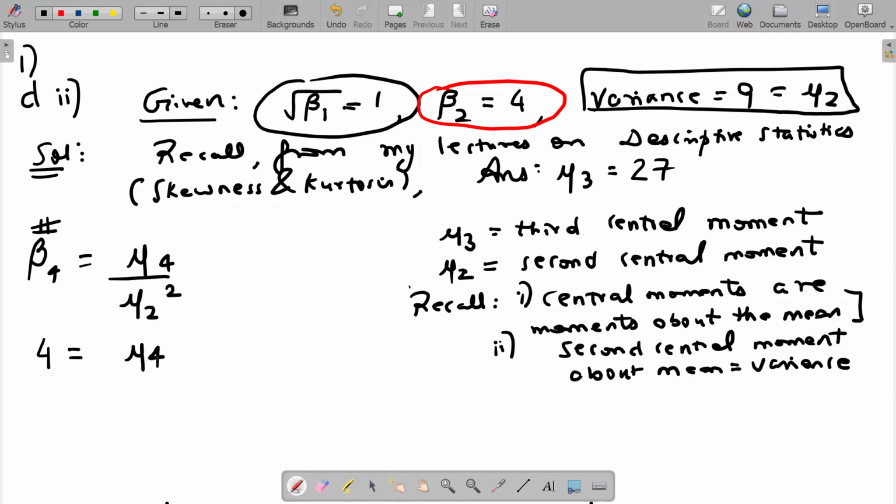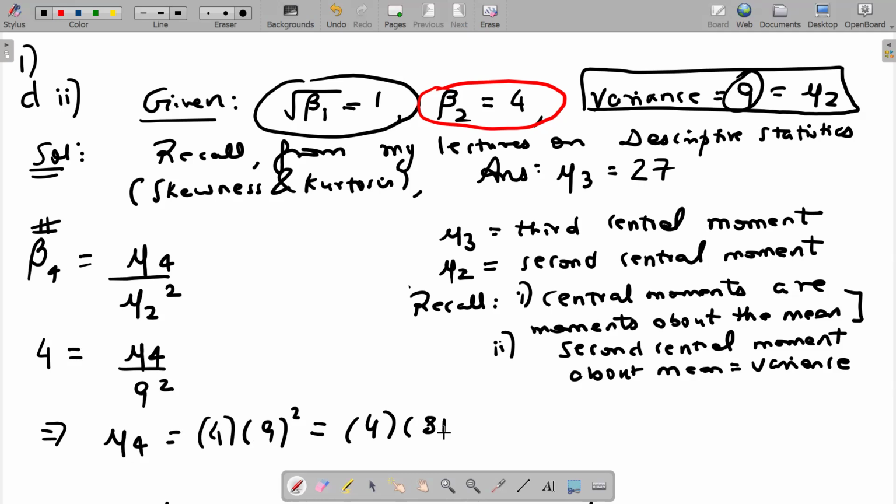Mu4 I need to find out. Mu2 is 9, right? So 9 square. So how much will mu4 be? 4 into 9 square, which is 4 into 81. So my mu4 comes out as 324. The fourth central moment about the mean is 324. This is what we had to find.